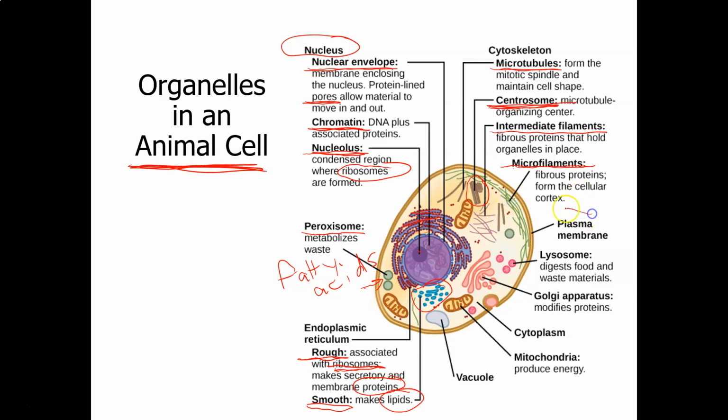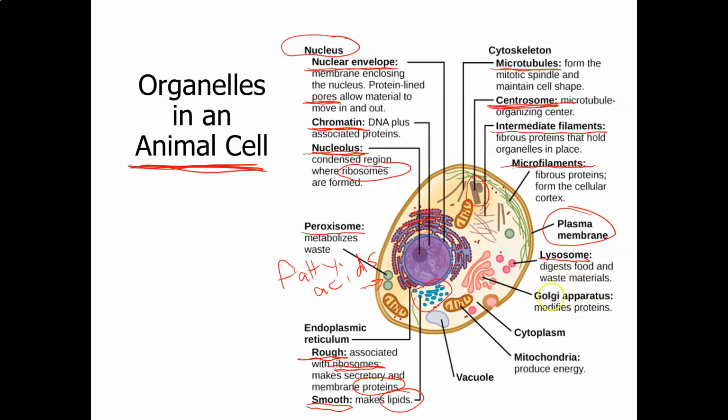The plasma membrane is the structure that encloses the cell and separates it from its surroundings. A lysosome is very similar to a peroxisome, but it digests food and waste materials. So a lysosome contains many digestive enzymes to help digest food and worn out cells and different things like that.